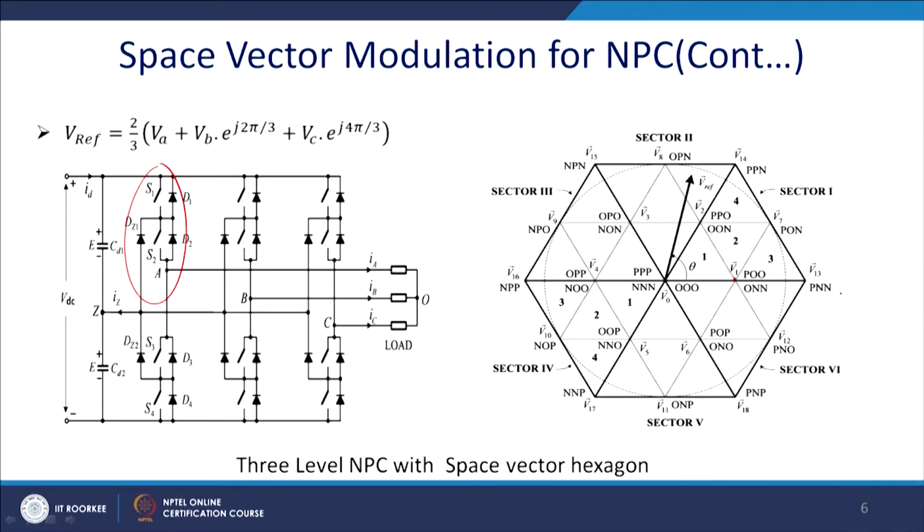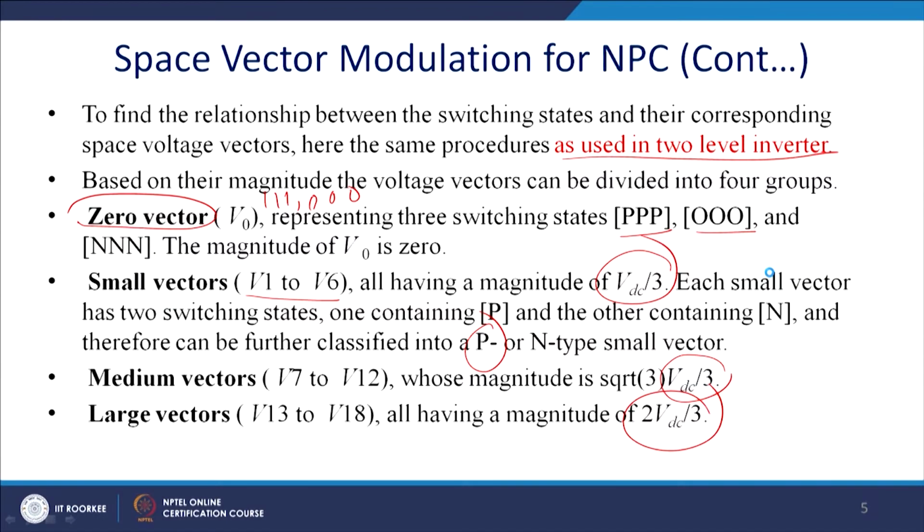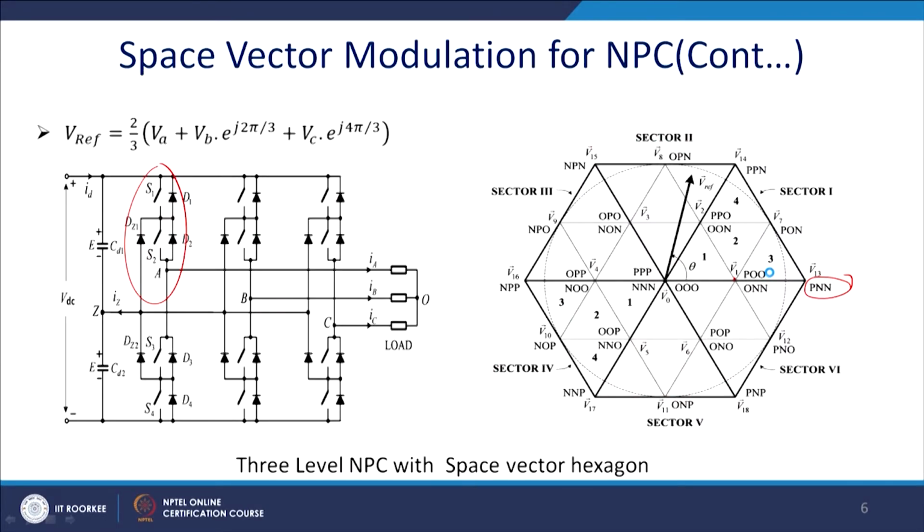Similarly, if you wish to generate this vector 13, please recall that 1 to 6 are the small vectors. So, this vector is 1, this vector is 2, this vector is 3, this vector is 4, this vector is 5 and this vector is 6.